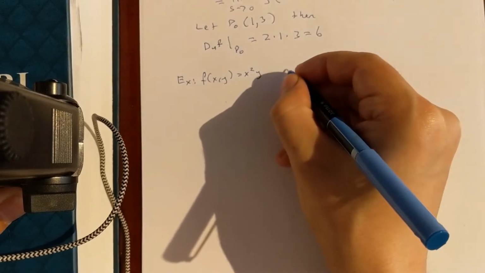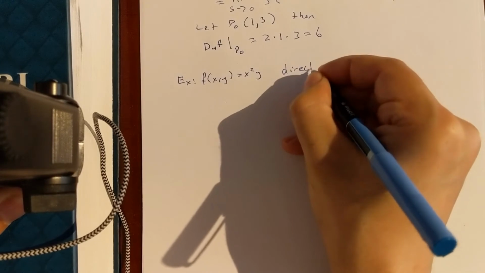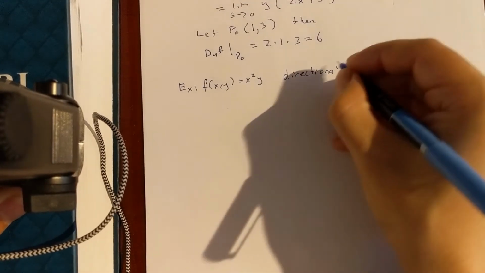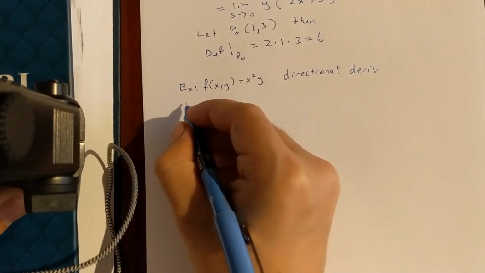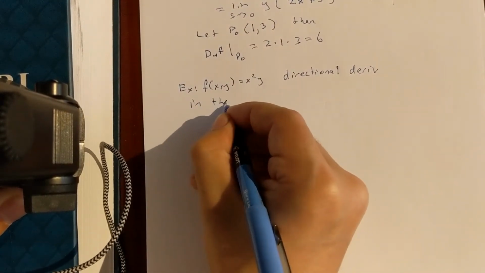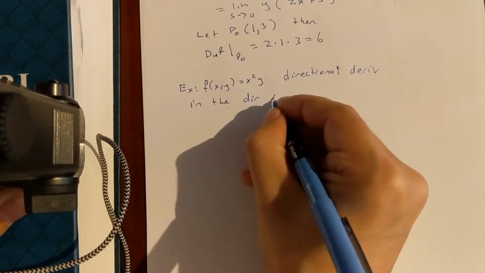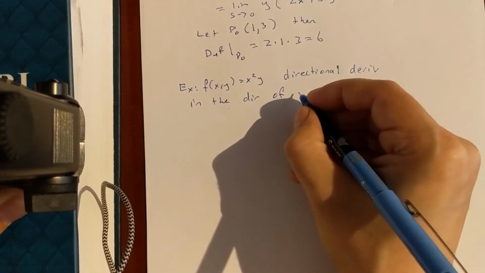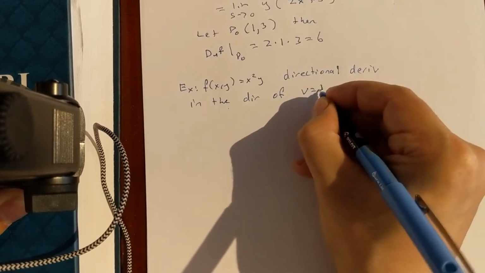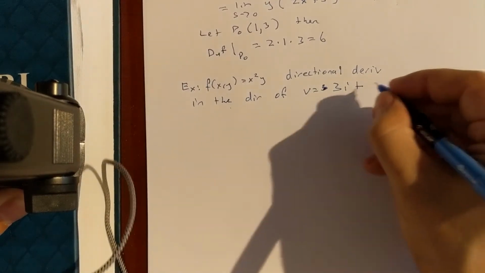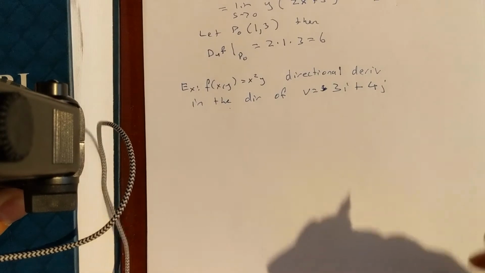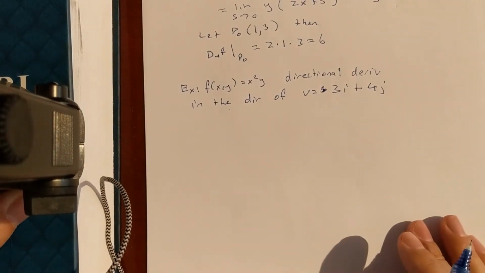We want the directional derivative in the direction of v equals 3i plus 4j. Again, I'm trying to fool you, right?